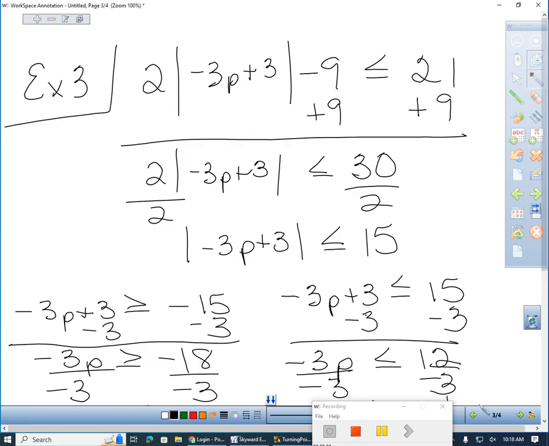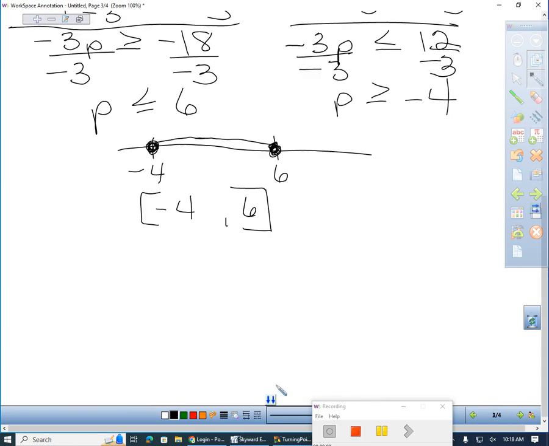So right here, first of all, if you look at my little note underneath our steps, if it's a less than, it's going to be an and problem. When we split it up into 2, it still looks like an and problem. But when we got down here, the sign flipped, but what happened is the inequalities are on the wrong side.